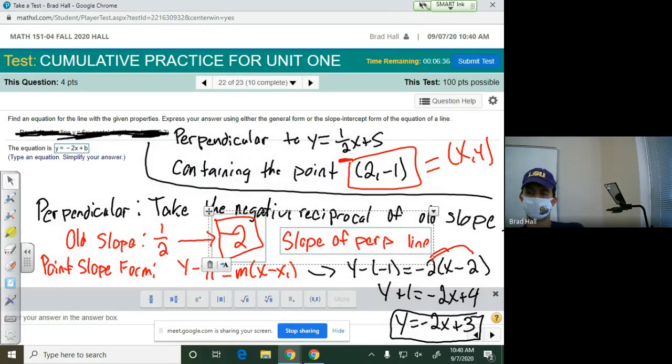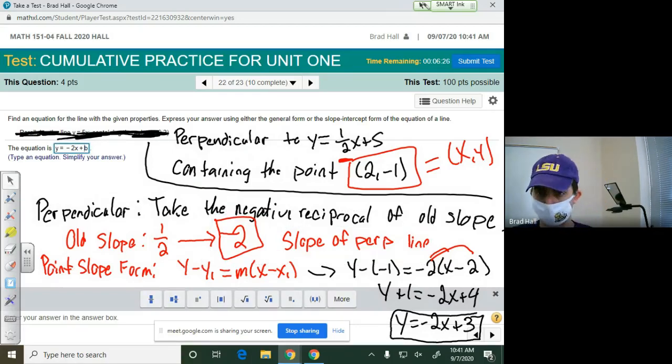That would be the step-by-step process for a perpendicular line. So then we can come up here to our final form and replace the b with a 3. So this would be our final answer up here.